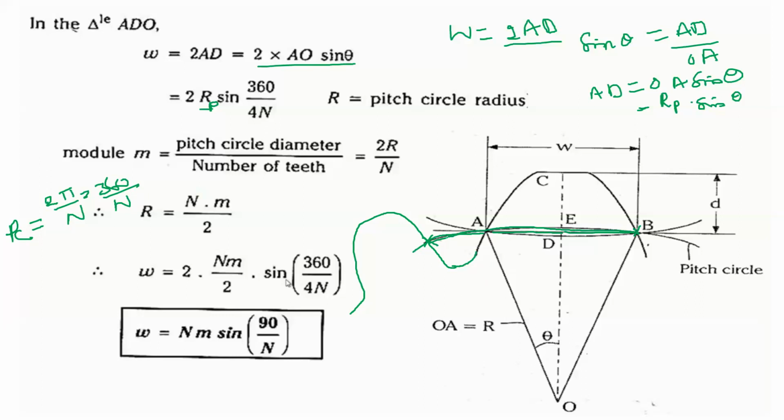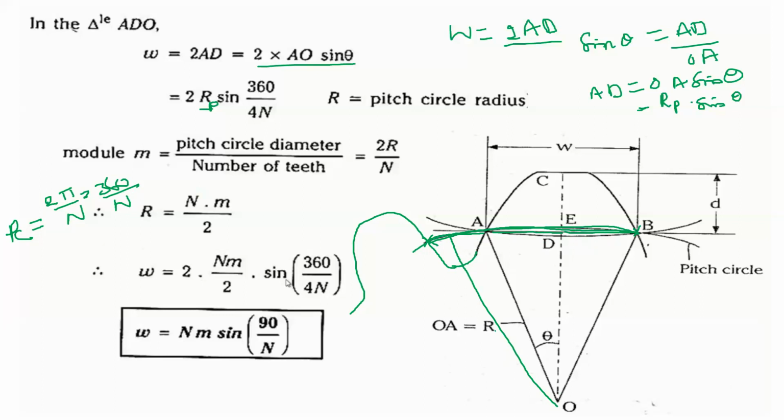Now if we divide this into, let us say, 4 equal parts. This space is divided into 2 equal parts. From this point to this point is called the circular pitch.